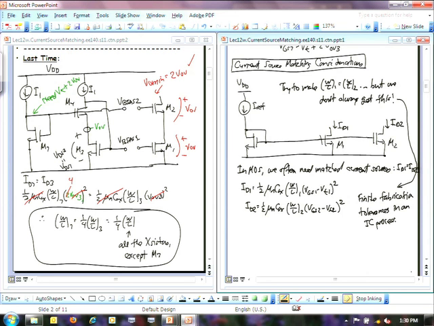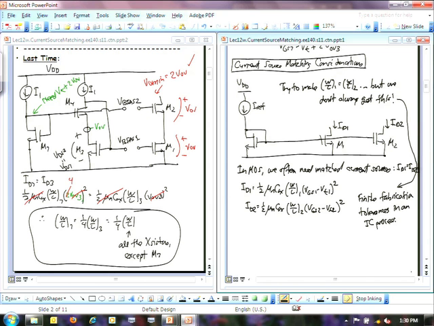And that's what we're concerned about here: the fact that these two currents won't be perfectly matched if W over L1 is not equal to W over L2, and even if VT1 is not equal to VT2.